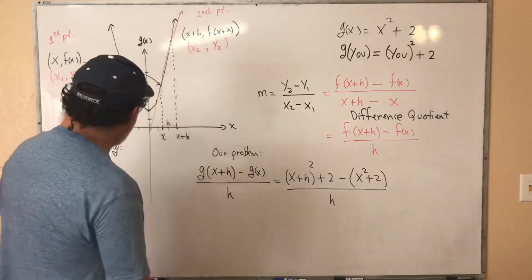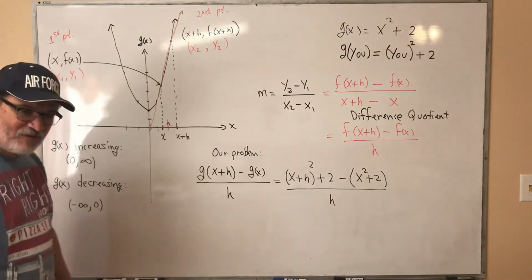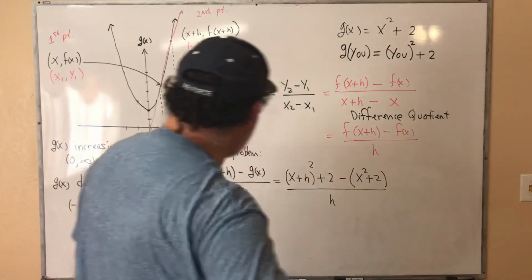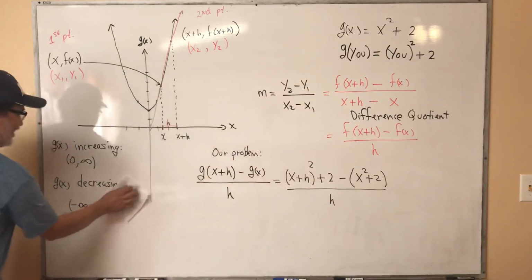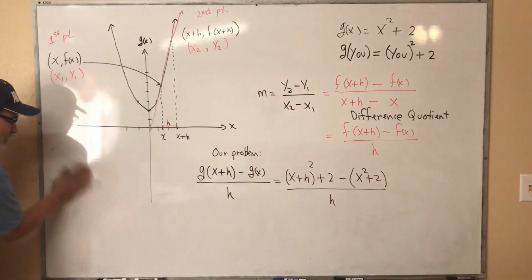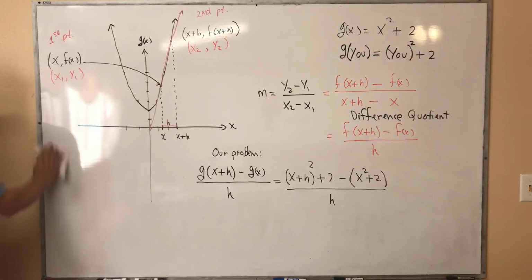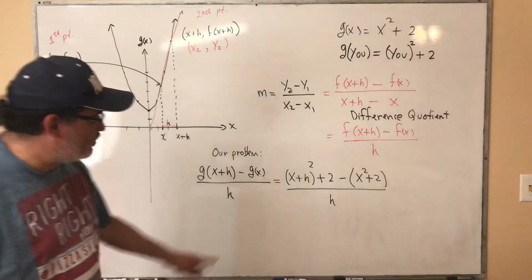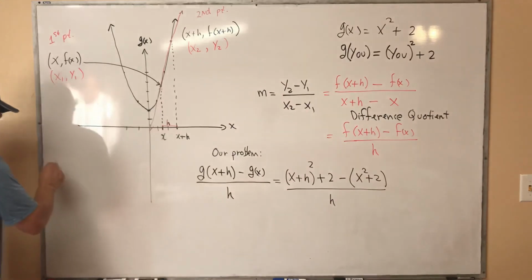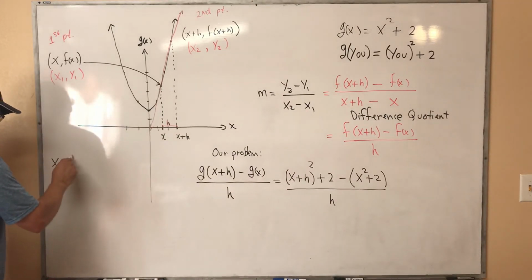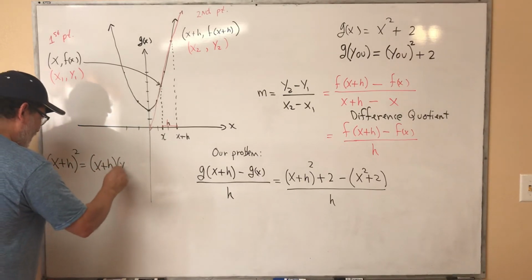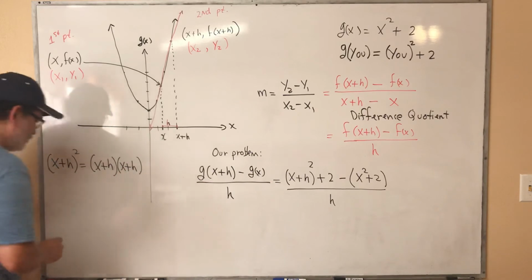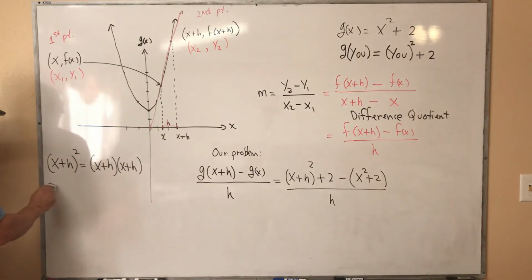Now, does anybody remember how to square this, x plus h? Isn't that x plus h times x plus h, good class? X plus h squared is x plus h times x plus h, and then we have to FOIL.